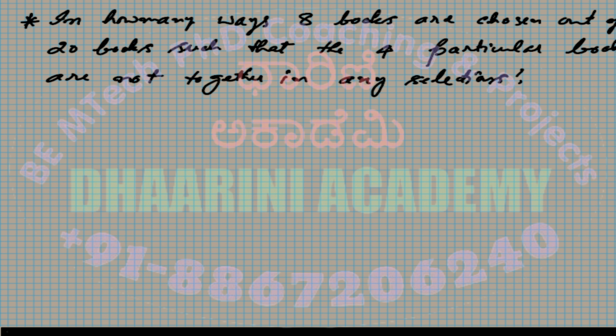Okay, if you remember, this comes from the second type of restriction, right? We have to perform nCr minus n minus kC r minus k. So in this case, n is equal to total 20, right? I'm choosing r equal to 8 books, out of which k is equal to 4 books.